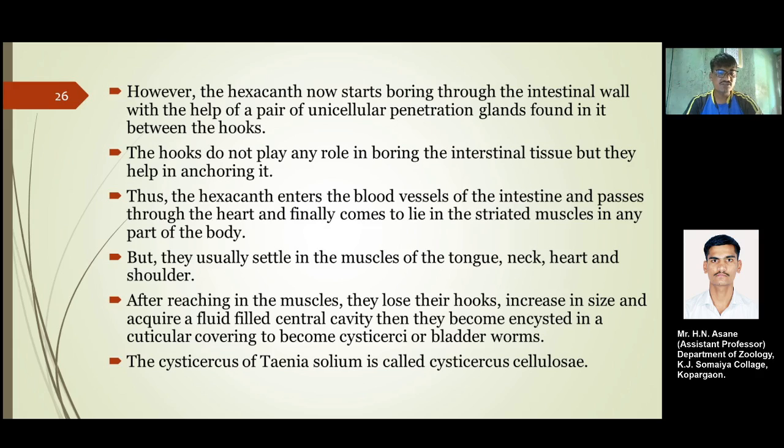After reaching the muscles they lose their hooks, increase in size there, and acquire a fluid filled central cavity. Then they become enclosed in a cuticular covering to become a cysticercus, the bladder worm.